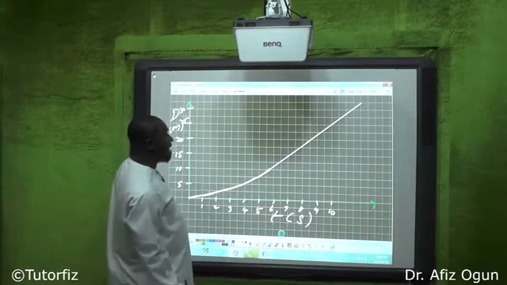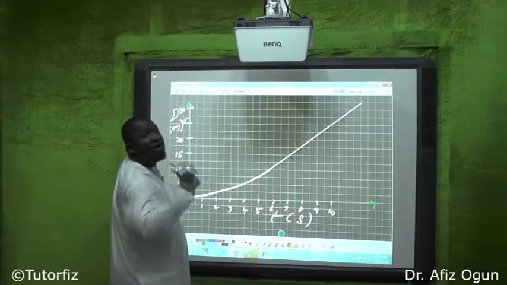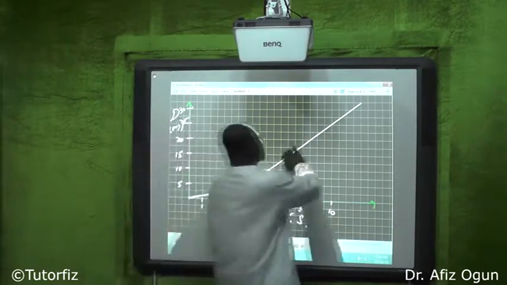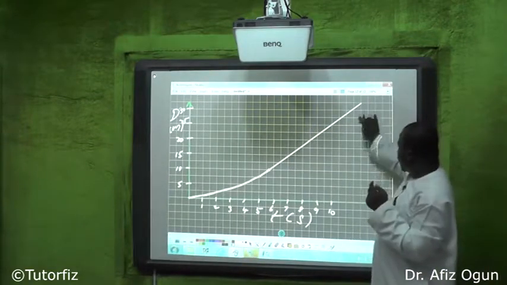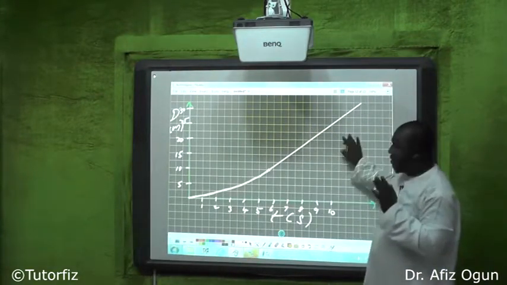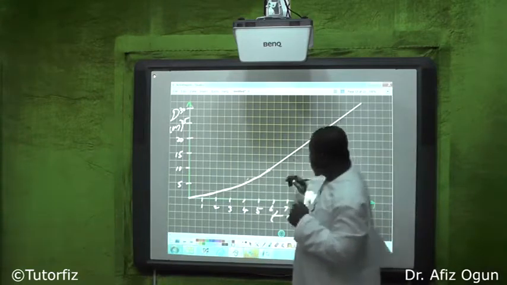And somebody is asking you to find the speed on a curve. If you are asked to find the speed within this area, now it's easy for you: rise against run, because it's straight. But what about this area where it is curved?